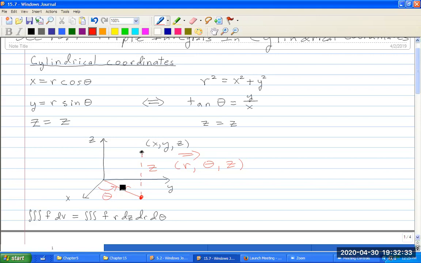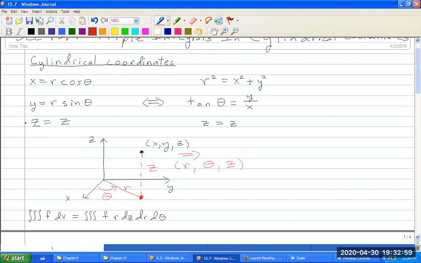In the xy plane, they're just polar coordinates. And so x is equal to r cosine theta, and y is equal to r sine theta. And in the z direction, they're just the same as z. So to convert from cylindrical coordinates into rectangular coordinates, use this relationship.